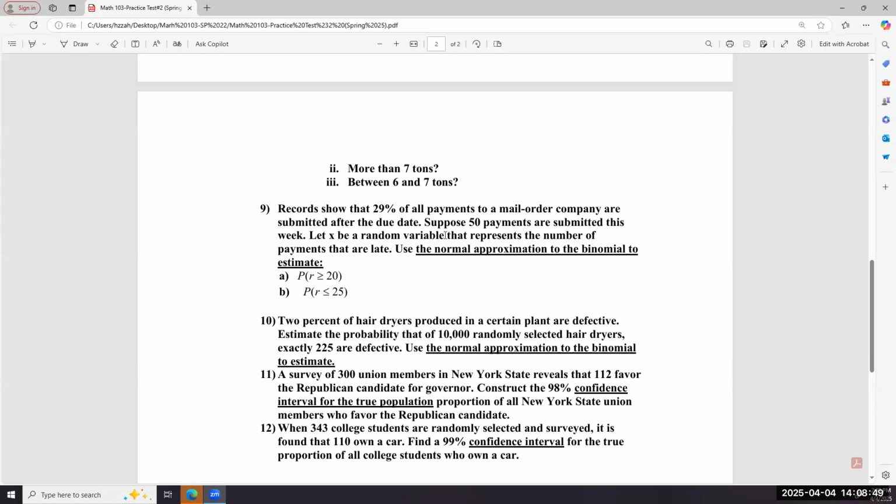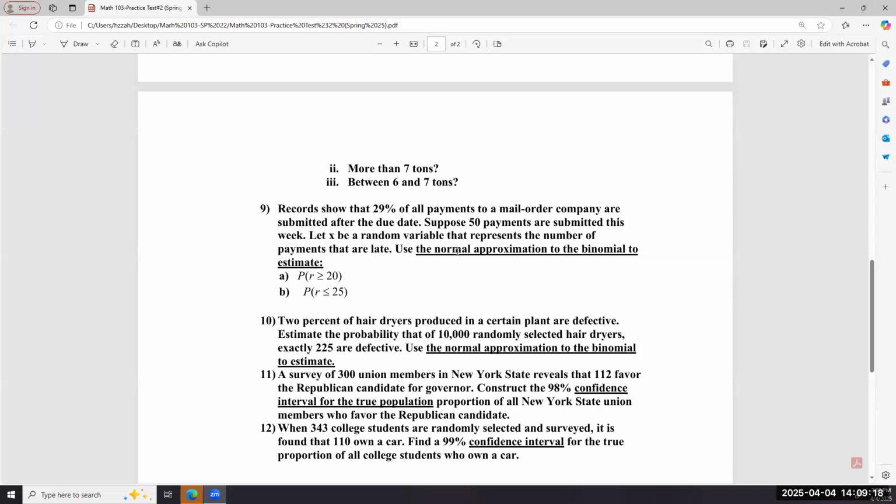It's a binomial case. If you have a good calculator, or even if you use Art of Stat, you can do it right away. Because you have the P of 0.29, the sample size of 50, and the numbers that we are interested in are 20 and 25. But from the mathematical point of view, for the future, and for the estimation of the proportion, we need to have this type of argument.